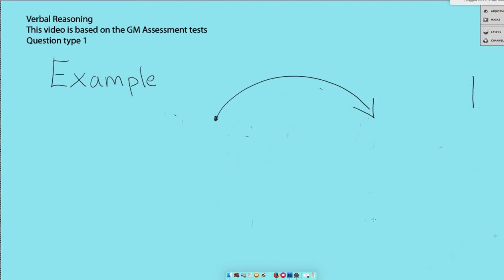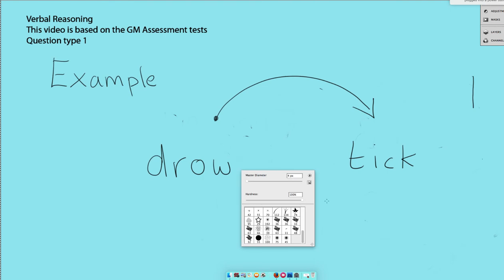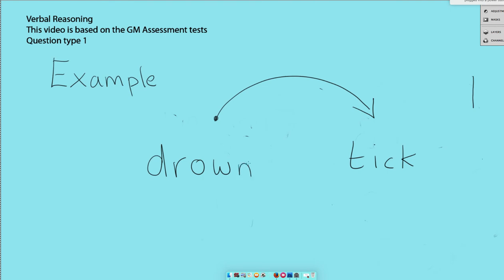Look at these two. Drown, and the second word is tick. What letter could you move? If you move the N, doesn't make a word. If you move the W, not a word.